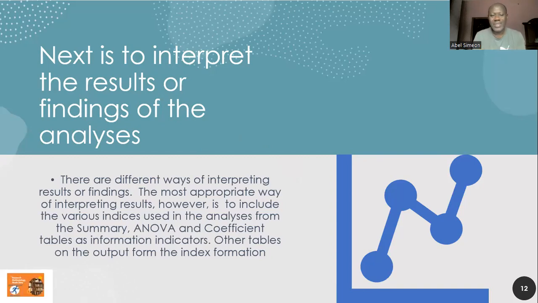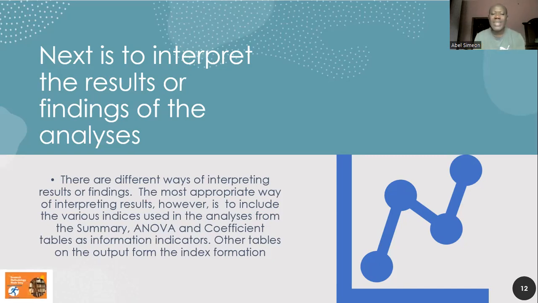The most appropriate way, however, is to include the various indices used in the analysis from three tables: the summary table, ANOVA table, and coefficient table. These three tables form the information indicators, the nucleus tables where your conclusion can be drawn.